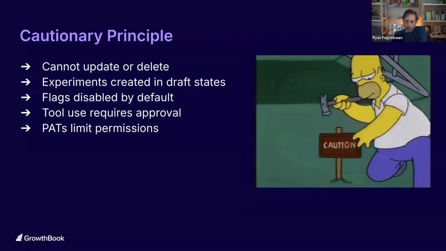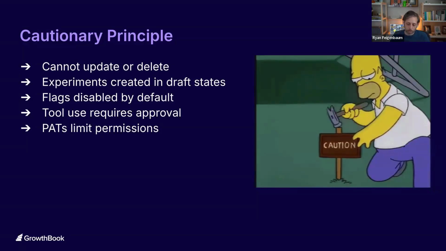There is a bit of a cautionary principle with the GrowthBook MCP server. We don't want something unexpected to happen, of course. So for the most part, it doesn't update or delete anything. It doesn't delete anything, and it won't change anything that already exists in GrowthBook.